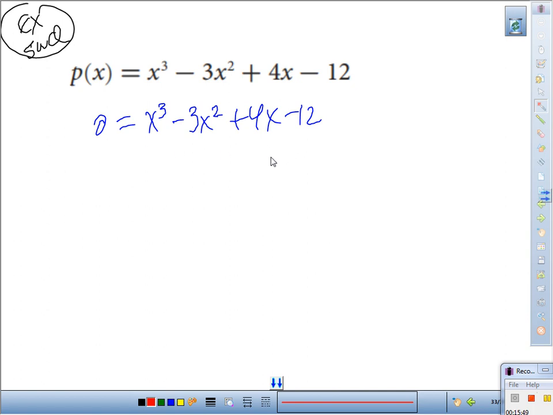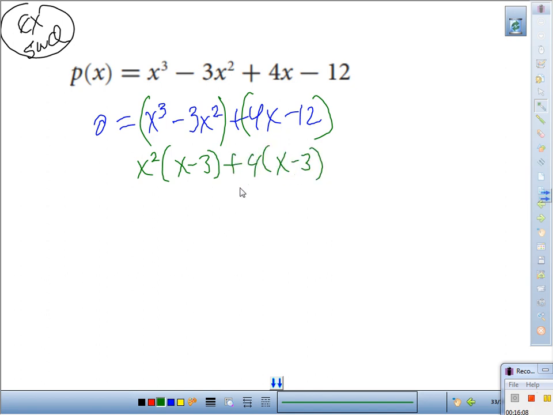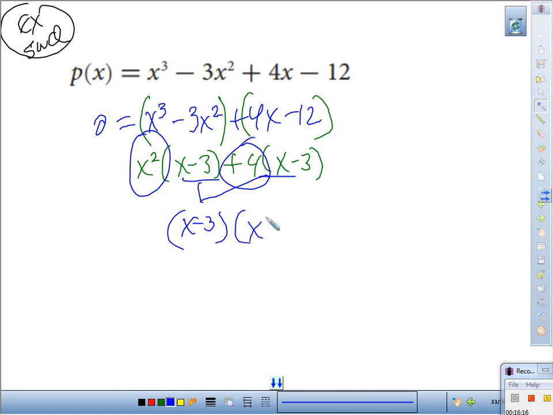Was there any GCF, everyone? No, so then he goes straight to factor by grouping. Let's see if it works. GCF here is x squared, we're left with x minus 3. GCF here is 4, we're left with x minus 3. It looks like it did work. So therefore, you end up with x minus 3 times x squared plus 4, and all that equals 0.